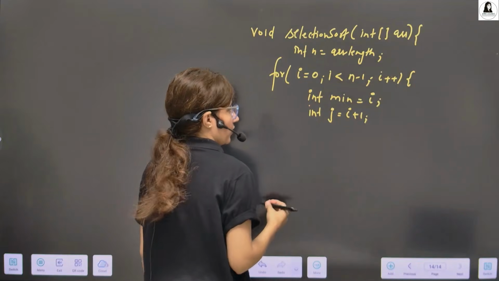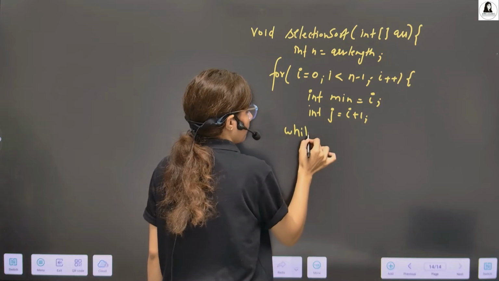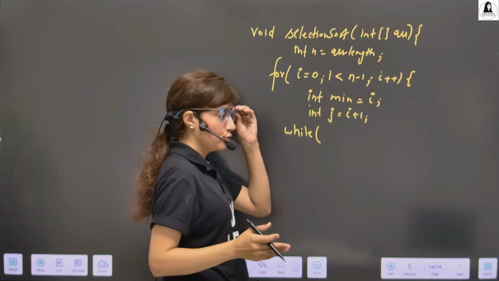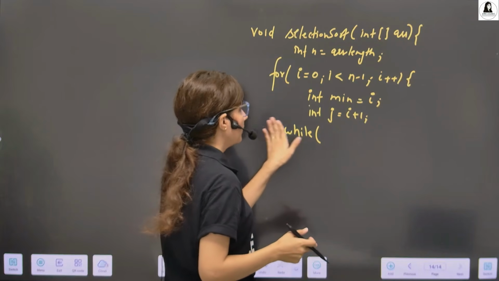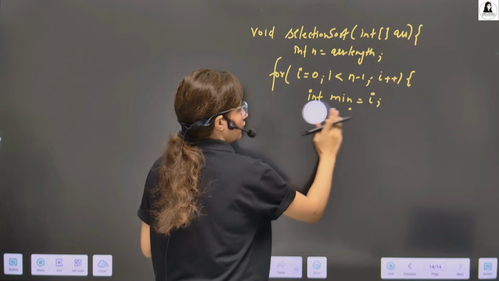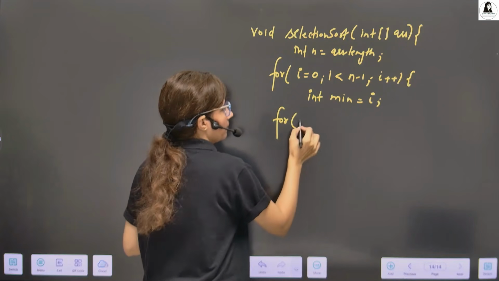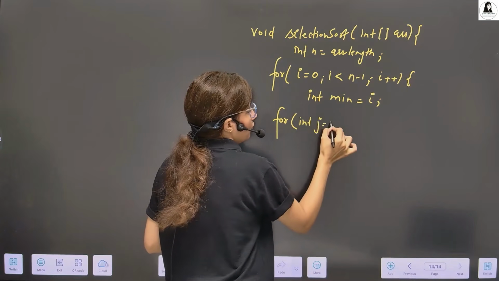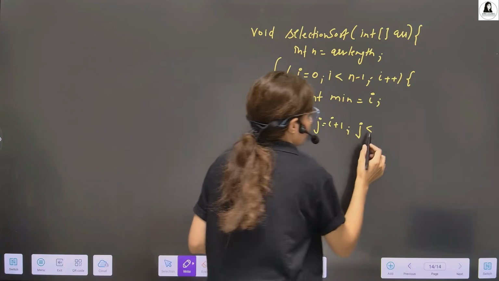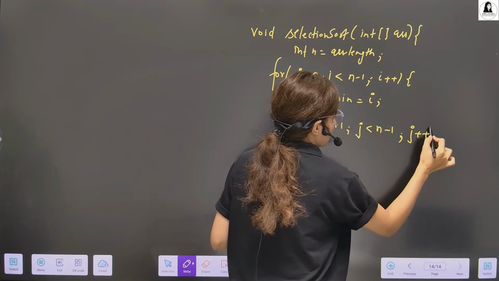Now I can write a while loop or a for loop; it's up to you. In a for loop, there's no need to initialize it separately; within the for loop itself, you can write for j equal to i plus 1, and j less than n minus 1, and j plus plus.